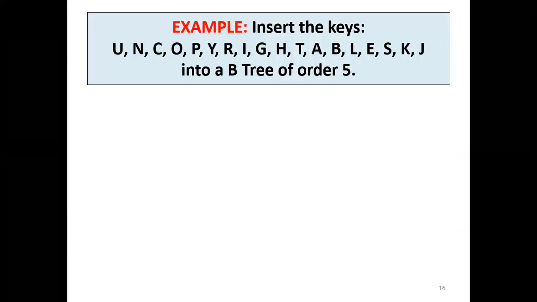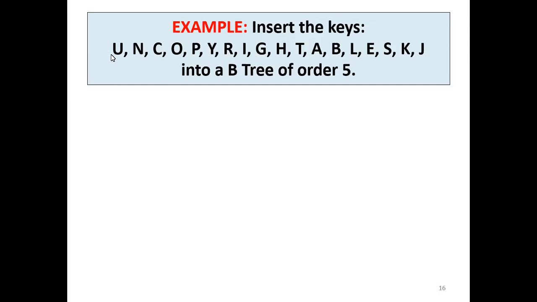Okay, now let's have a look at one example to explain how we can insert data into a B-tree. In this case, the B-tree is of order 5. That means that each node can contain a maximum of 4 data items.